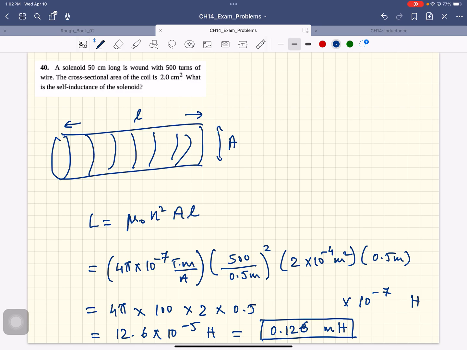Again, if you remember, the EMF induced is minus L di by dt. So what this number tells you is if the current changes at 1 amp per second, the self-induced EMF will be millivolts. Okay, so 1/10 of a millivolt.